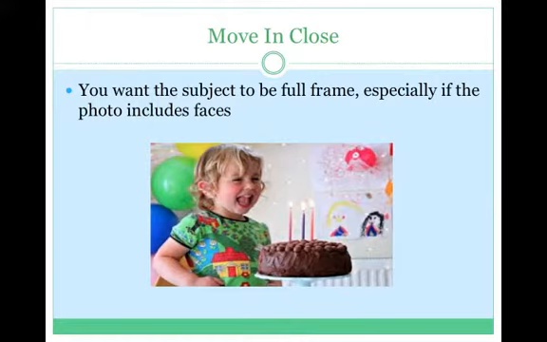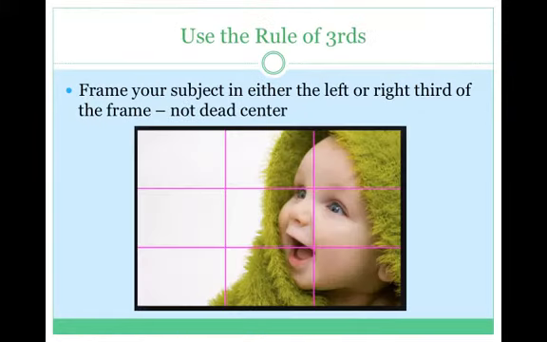In this situation, you might have even been able to get a little bit closer, but then you would lose the birthday cake. And so to tell the story of what's happening here, you need that cake in the frame. But you want to try to eliminate as much extraneous information as possible and really focus in on the face of the person, or as tightly as possible, and still communicate what's happening.